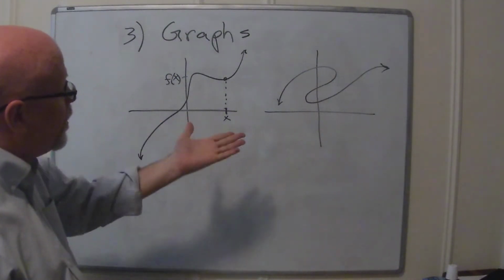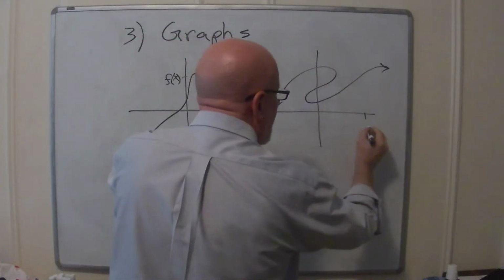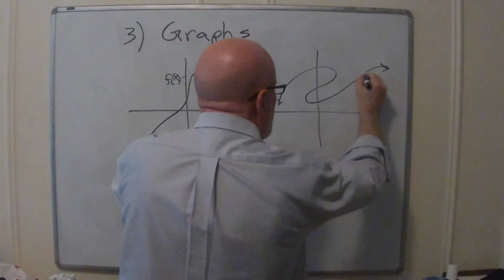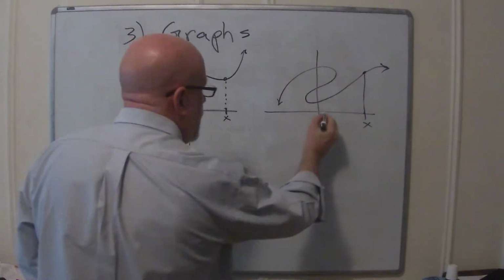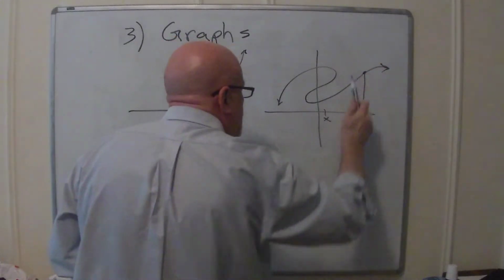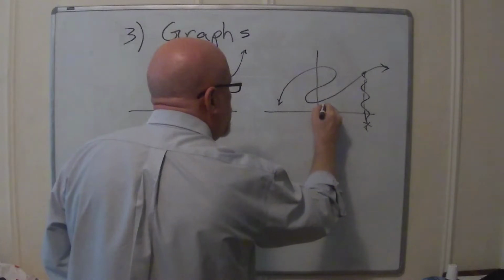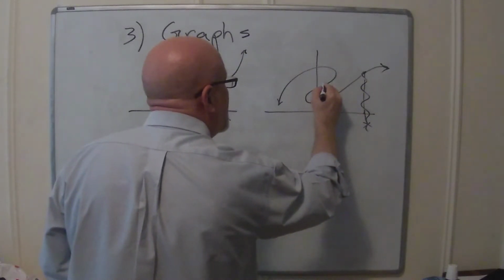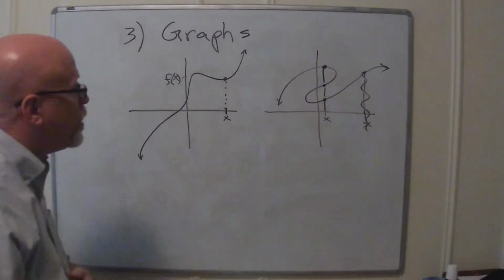Well, what about over there? Depends where you do it. If you're over here, if x was there, it's fine. You come up to here, you got your unique output that goes with that input. But what if you're here? If x was there, which one of these different places would I choose as the output that goes with that input?